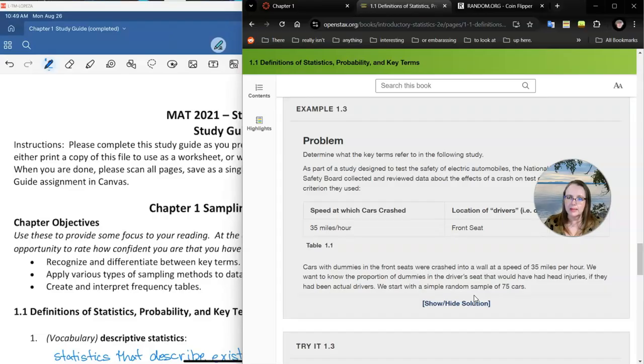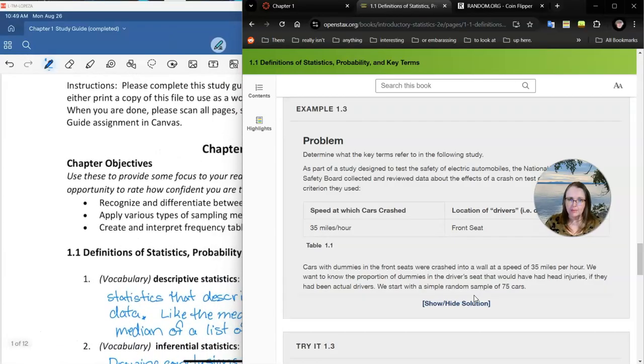What is the parameter? What are those things? See if you can look at that question and identify the words that we've defined, because a big chunk of the homework that's due on Sunday is going to be applying those terms to different parts of a statistical inference scenario that they have going there.